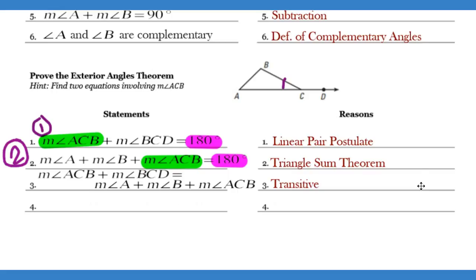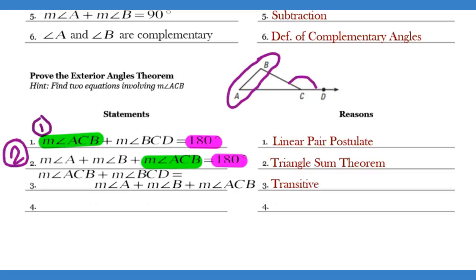Okay, so now I'm trying to prove the exterior angle theorem. So try to think about where you're going. When we want to prove the exterior angle theorem, we are trying to prove that angle A plus angle B is going to give us that angle right there.